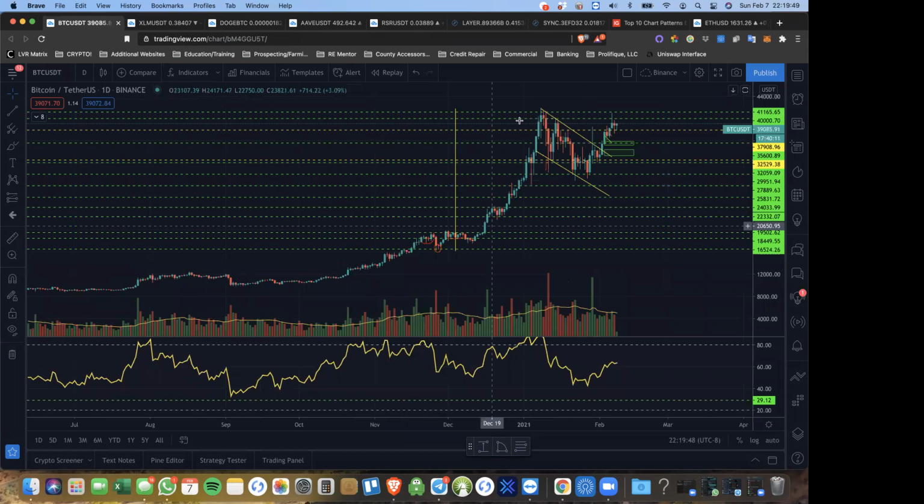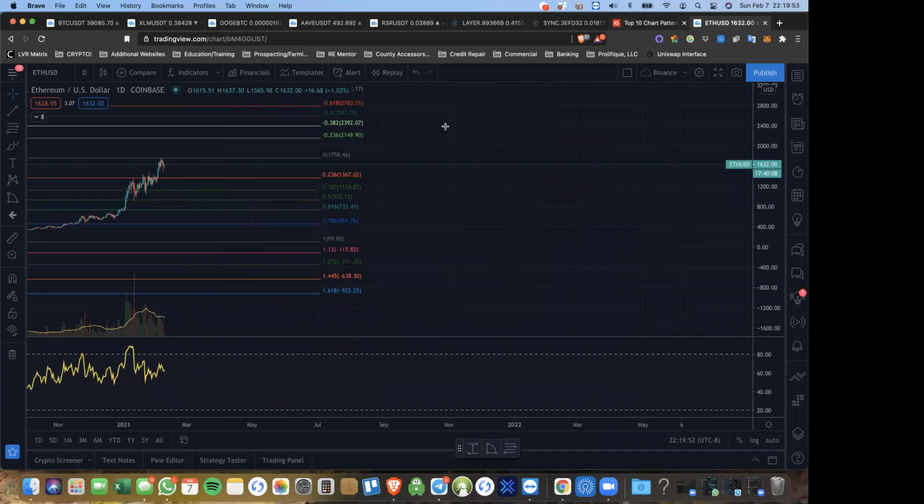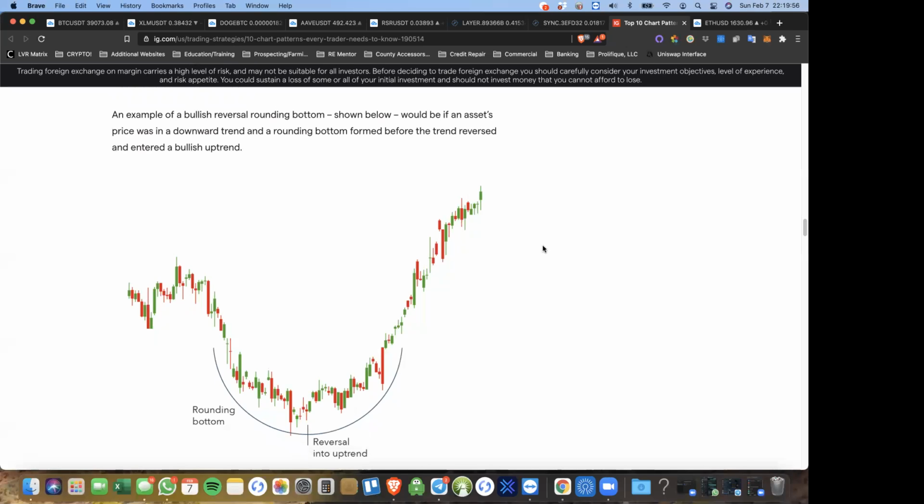You start getting a higher low when it starts to move up again. But if it continues down and you get another lower low candle, then you know it's continuing down. So if you saw how that big red candle was there, it went down and then it came right back up.